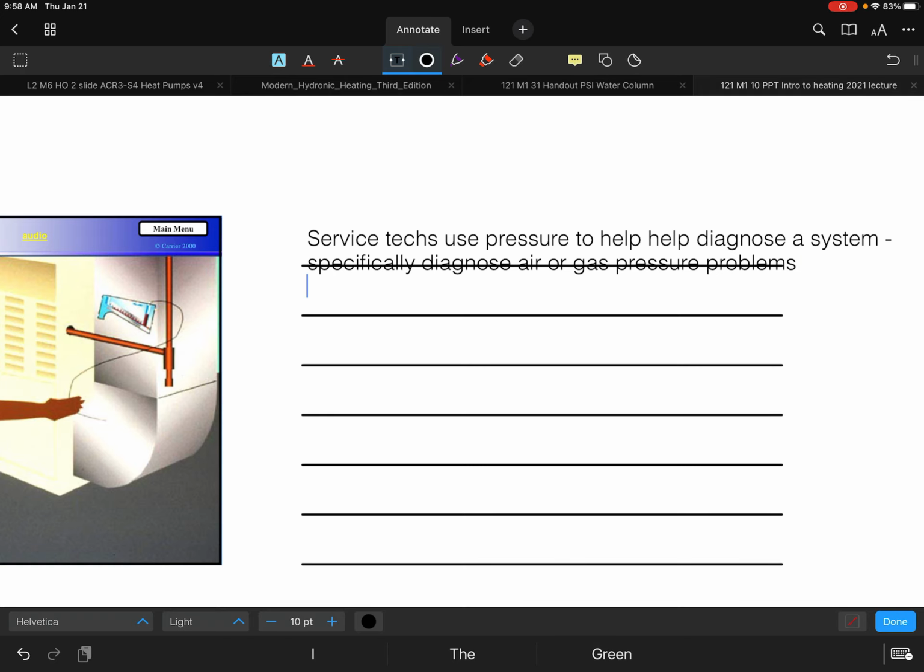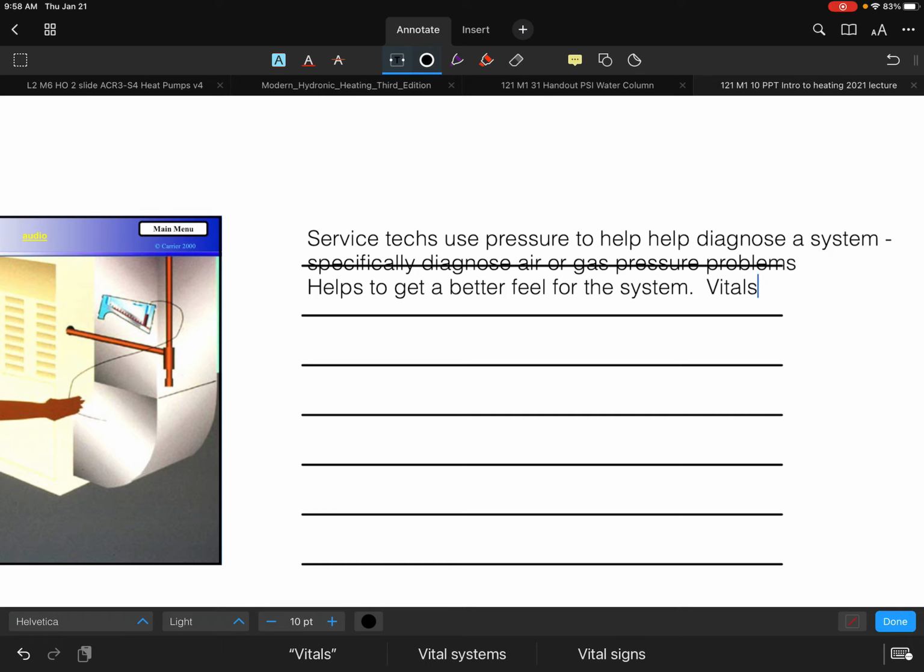When I go into a system and start taking measurements, it really helps to get a better feel for the system. You can almost think of it as measuring the vital signs.